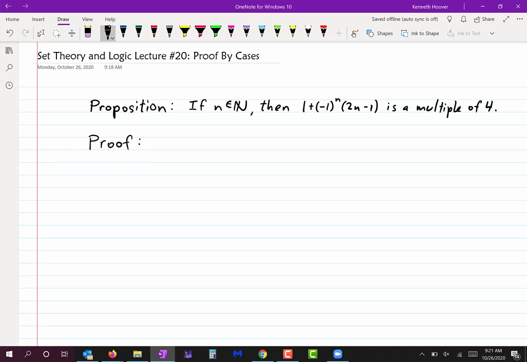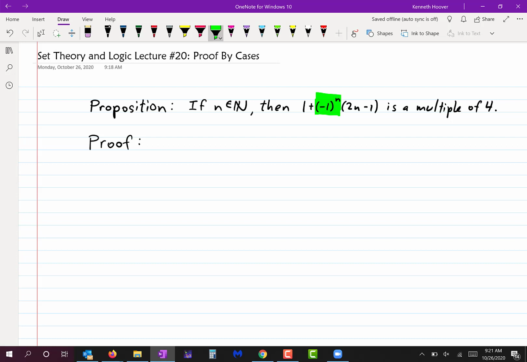Okay, so n is a natural number. Now, look at this part. Negative 1 to the n. What do you know about that? Isn't that always going to be either 1 or negative 1? And that's the only thing that part accomplishes, right?